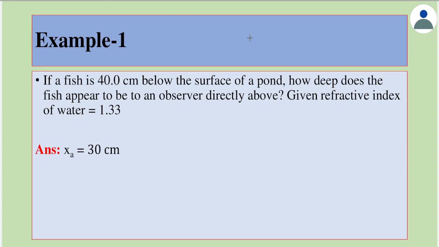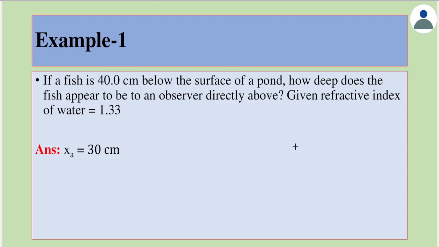We will take some examples to understand the earlier concepts. Example 1 says, if a fish is 40 centimeter below the surface of a pond, how deep does the fish appear to be to an observer directly above?